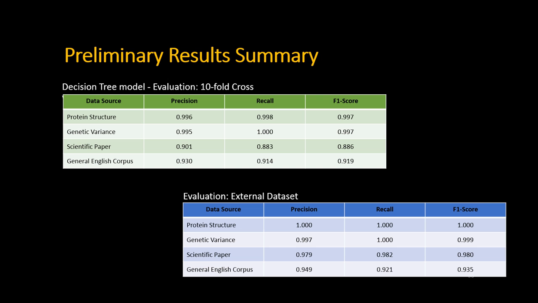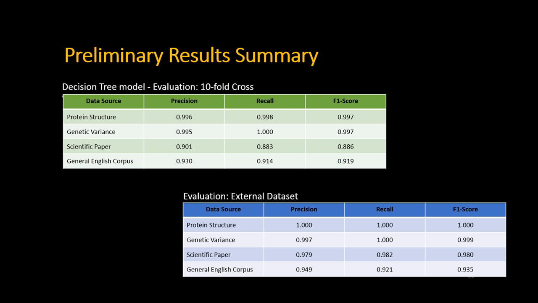For the tenfold cross validation, our decision tree models were able to distinguish protein structures, genetic variants, scientific papers, and general English corpus with F1 scores all above 0.888.